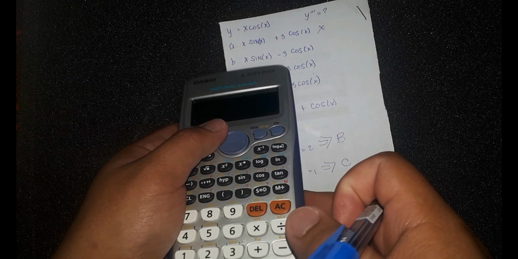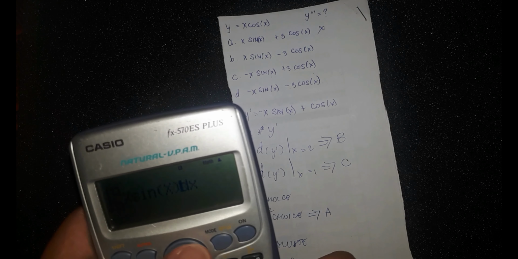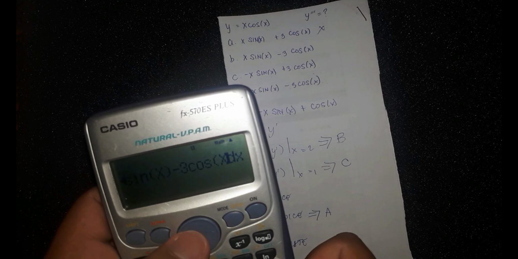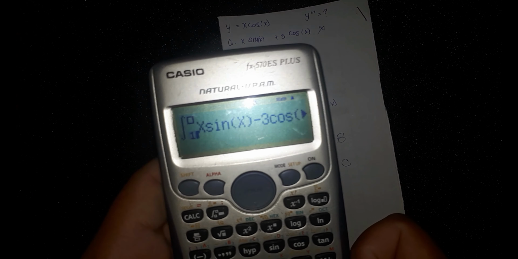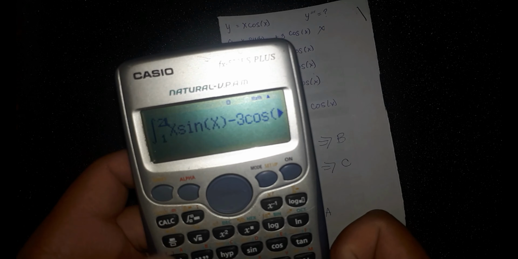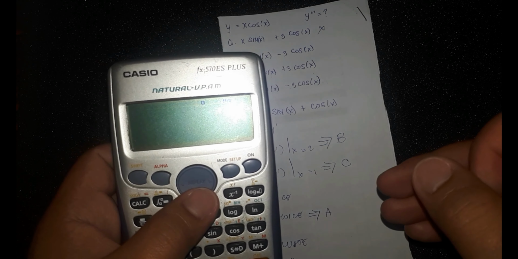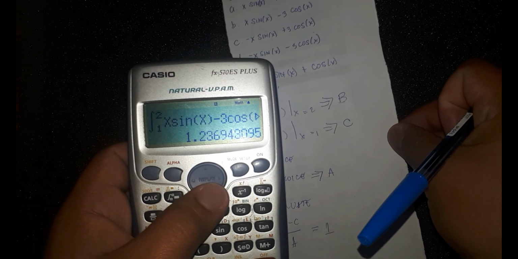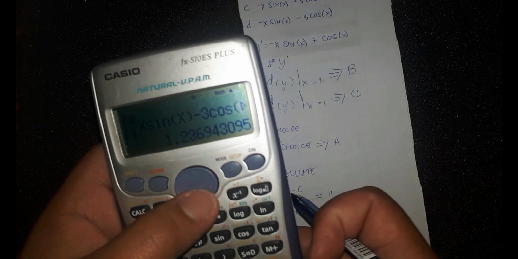Let's go to choice B. Integral ng x sin x minus 3 cosine x, 1 lower limit, 2 upper limit, then store to A. Then again, let's evaluate B minus C all over A. If it is equal to 1, it's the answer.